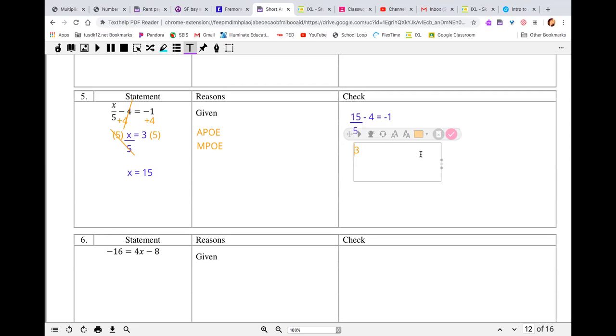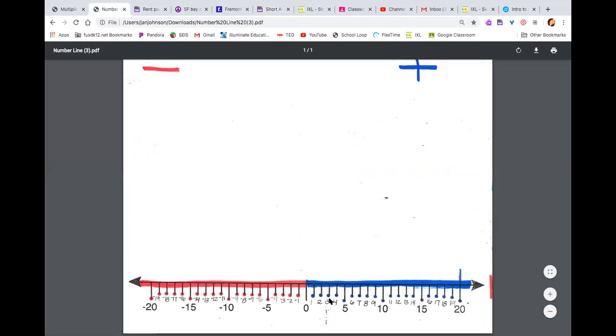3. Minus 4. Okay, so now I'm looking at 3 minus 4 equals -1. I start at 3 and then -4.